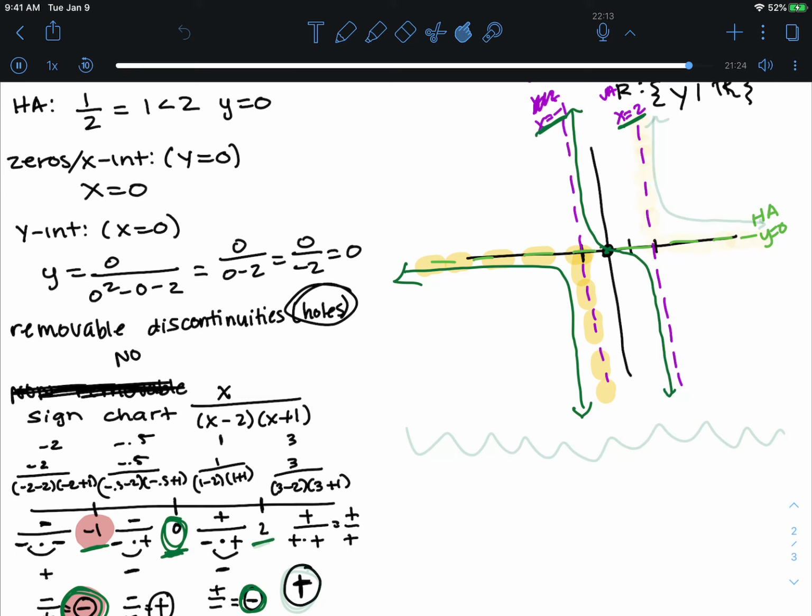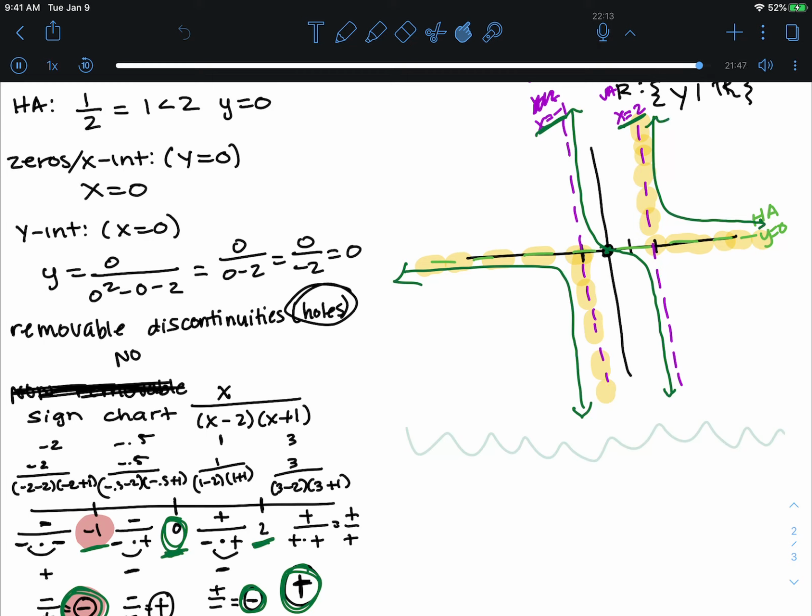Okay, and then from 2 to the right side, it says that my values have to be positive. So once again, here I have to follow the asymptotes, and I have to keep it positive, meaning it's going to be on the top half and not the bottom half. And once again, we have to make it follow the boundaries of the asymptotes.